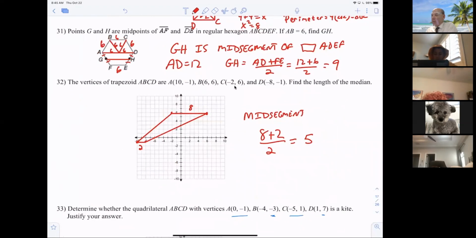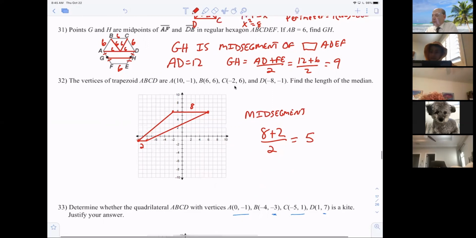32, it says the vertices of a trapezoid. So I drew it out. Did I make a mistake? Oh, smarty pants. Thank you.